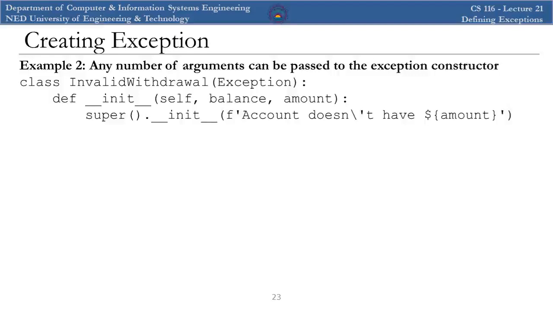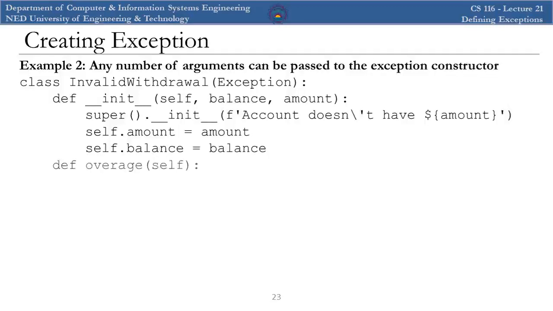It will simply display this message, and the special thing about this message is that I'm printing the amount which has been passed to the initiator function. You can see that towards the end, on the right hand side. Then I'm creating two instance variables and assigning these values to them. This is another instance method, and it simply returns the difference of these two instance variables.